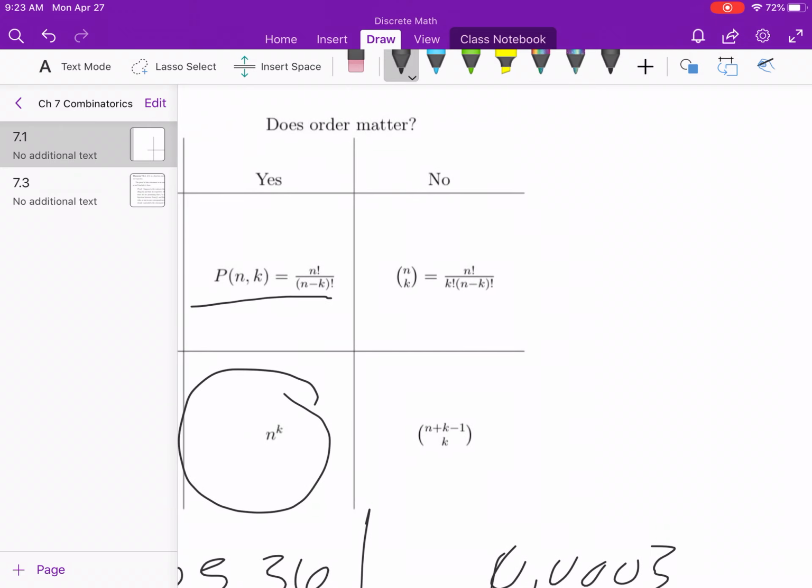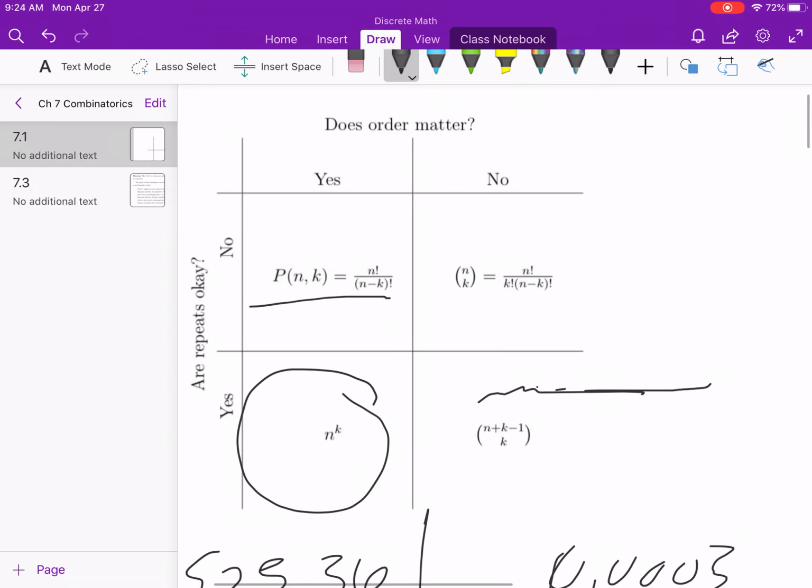The last thing here is if order doesn't matter, and repeats are okay. We get this formula right here. Notice that this is a combination formula.